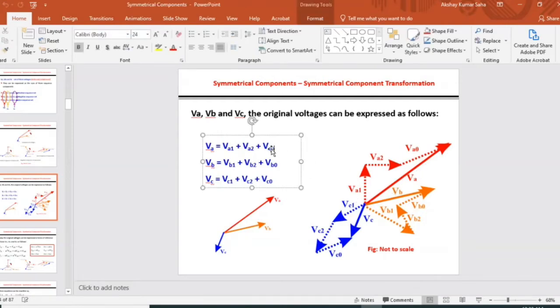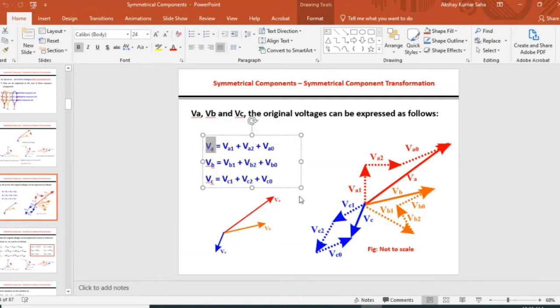We can also do this from the analytical equations, meaning if we add them in terms of phasors, each of them is a phasor. VA is a phasor itself in the first place, which we resolve into three components: VA1, VA2, and VA0. And then we can go back from that side. If we add all these three, we get back our actual phase voltage.